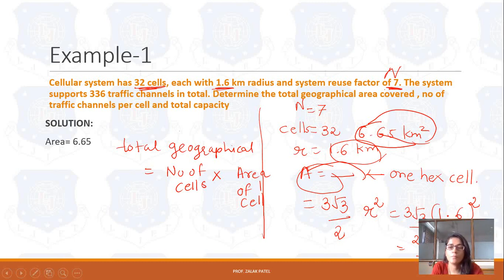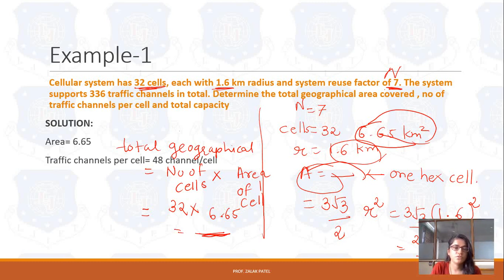So the total geographical area covered is the number of cells, 32, into the area of one cell, 6.65.